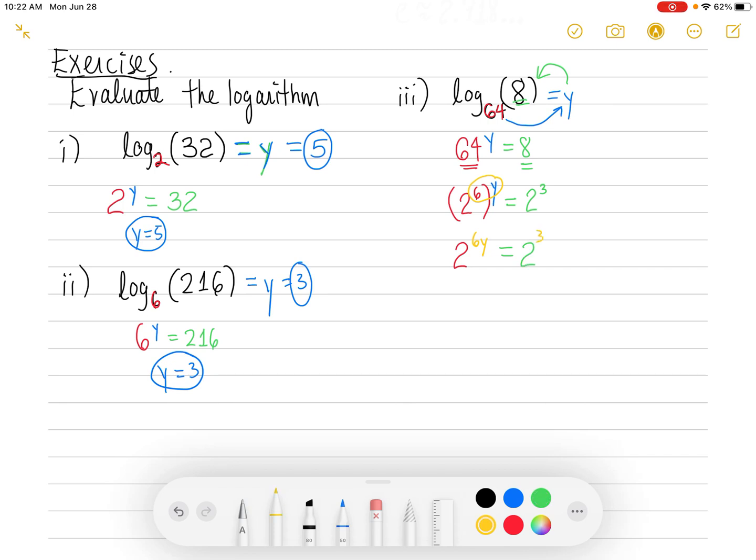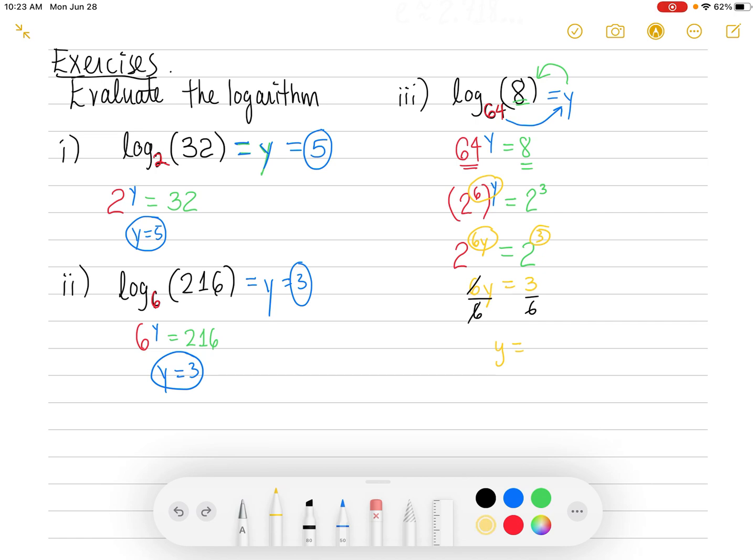So we're going to have 2 raised to the 6y equals 2 raised to the 3rd. And now we're going to take our exponents, the 6y and the 3, and set them equal to each other. So we're going to have 6y equals 3. And to get y by itself, we divide both sides by 6.